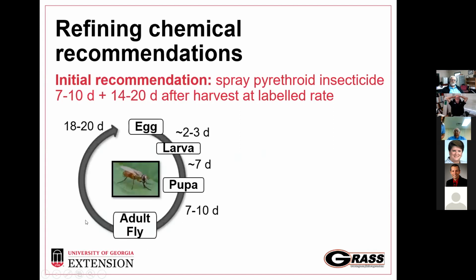That's based on this approximately 20-day life cycle of the fly, from larva and back to the adult fly. And it's the adult fly, because the larva is essentially encased within the Bermudagrass stem, that makes it very difficult to control. So the target organism that we're trying to control is that adult fly.